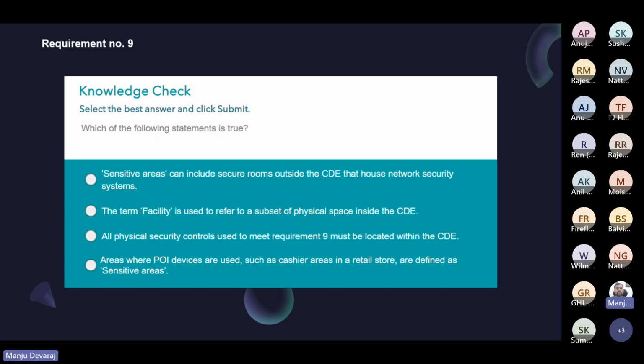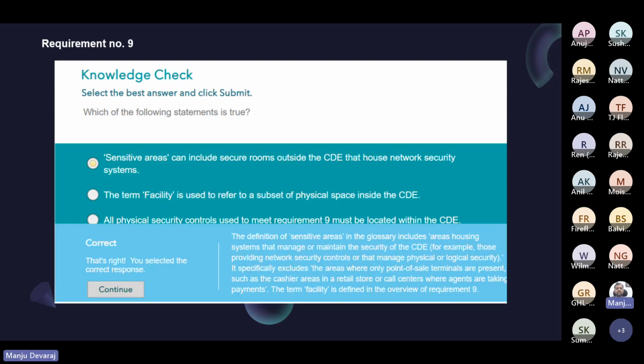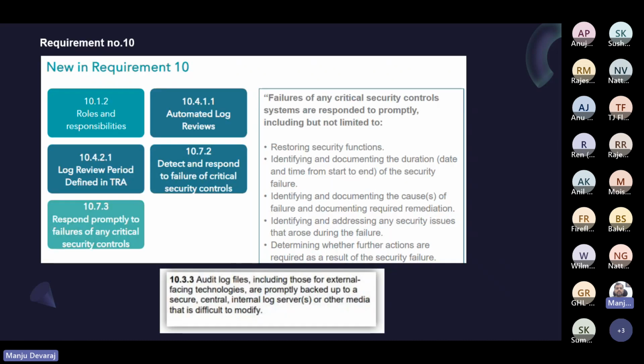Include secure rooms outside the CDE. No, wrong. I think that is the one. The glossary says sensitive areas can include secure rooms outside the CDE, such as network security systems. Oh, interesting. Okay, that is the answer.